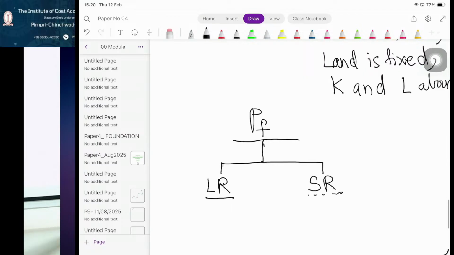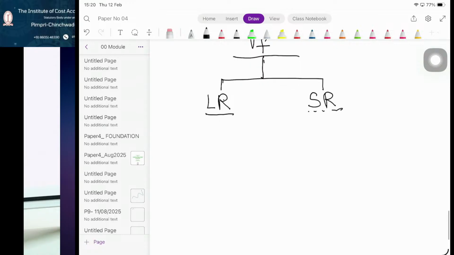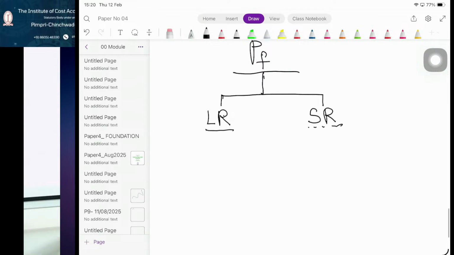Now there are two laws associated with production function. One relates to the long run and one relates to the short run.